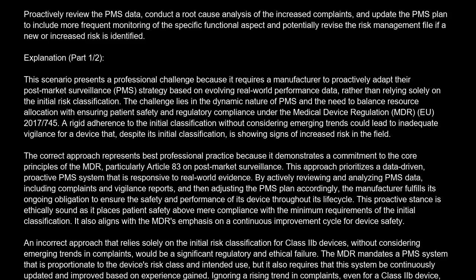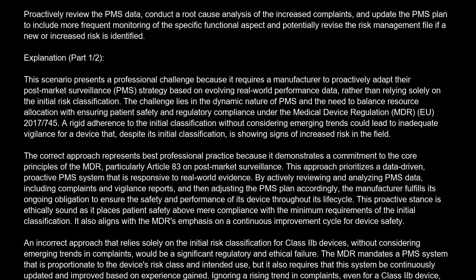The correct approach represents best professional practice because it demonstrates a commitment to the core principles of the MDR, particularly Article 83 on post-market surveillance. This approach prioritizes a data-driven, proactive PMS system that is responsive to real-world evidence.